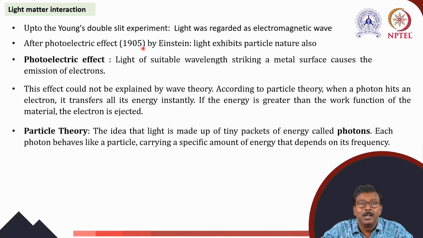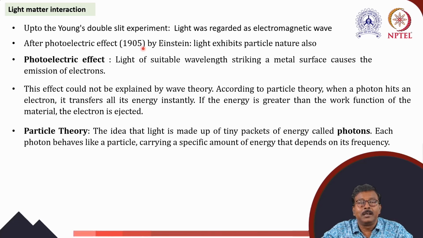Each photon behaves like a particle, carrying a specific amount of energy that depends on its frequency. And frequency is a wave property, that is, frequency or wavelength. So in this way, the particle and the wave natures are both related.